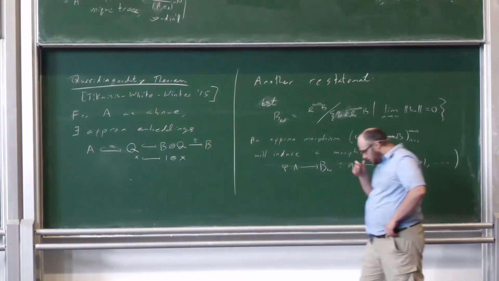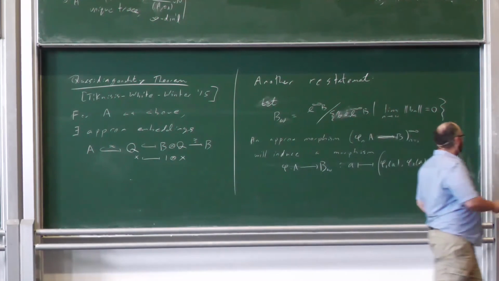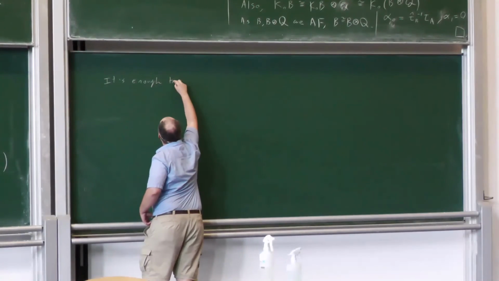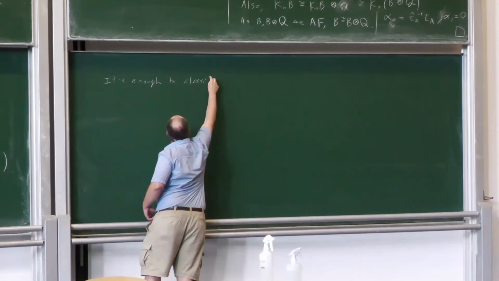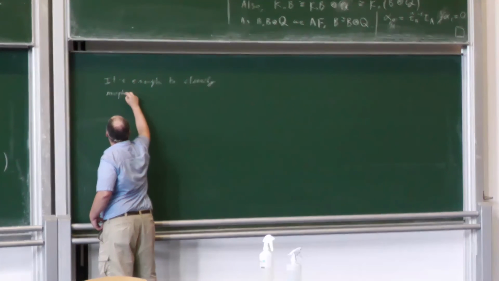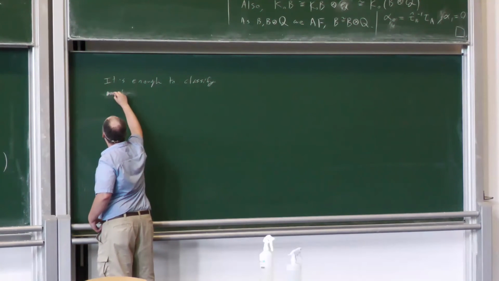So what you get out of that is it's enough to classify morphisms, let's say trace preserving embeddings, unital like before.